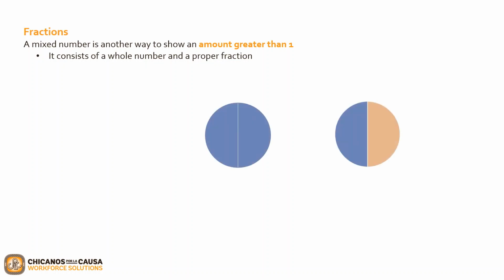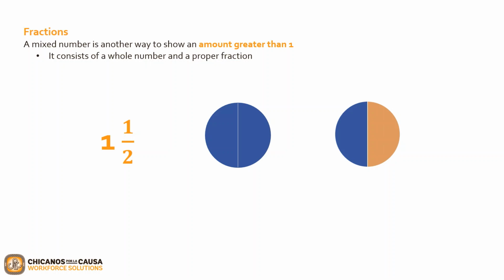So let's look at our 2 circles again. We've already determined that the fraction for this is 3 over 2. But if we want to change it to a mixed number, it's going to look different. So really, what we have here is 1 and 1/2. I know that's a little confusing, but it's because we're looking at it a little bit differently now.